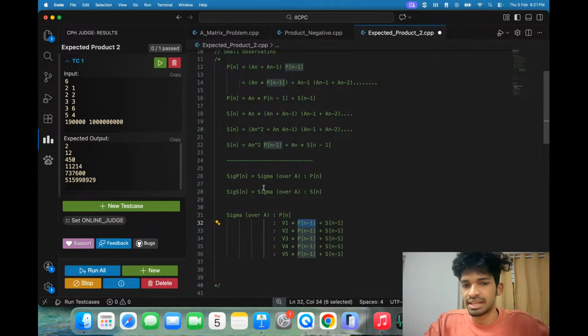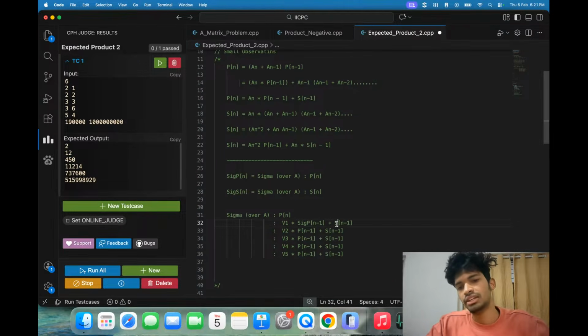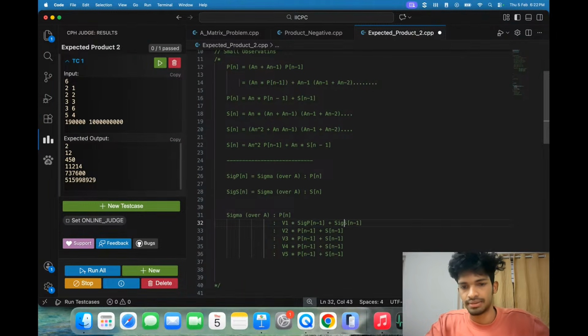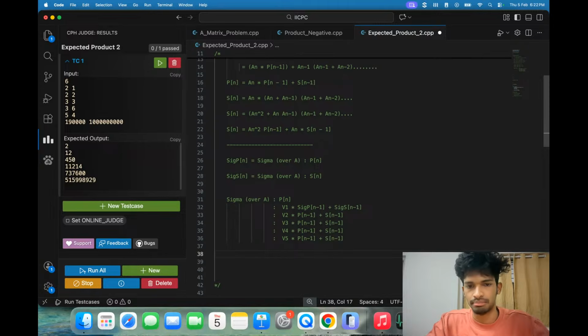That is nothing but sig P of n minus 1, right? And all possible values, you're summing this over all possible a of length n minus 1. So that is nothing but sig S, right? And now we are adding this thing. So what will this become?